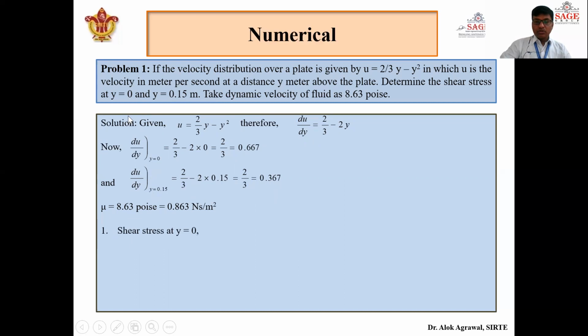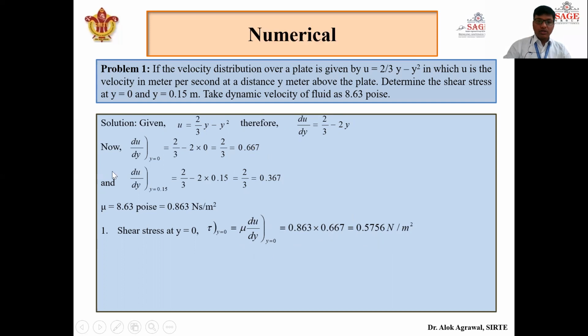Now coming to the calculation of shear stress, we know by Newton's law of viscosity, shear stress tau is given by mu into du by dy. When we calculate it for y is equal to 0, we take du by dy as 0.667. Substituting mu is equal to 0.863 multiplied by 0.667, we get shear stress as 0.5756 Newton per meter square.